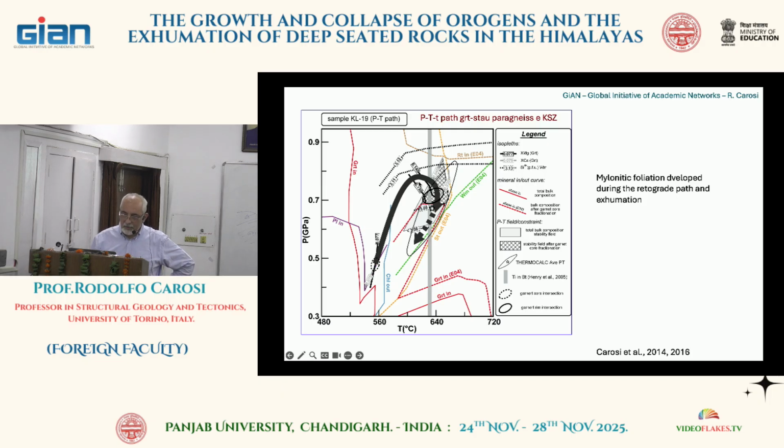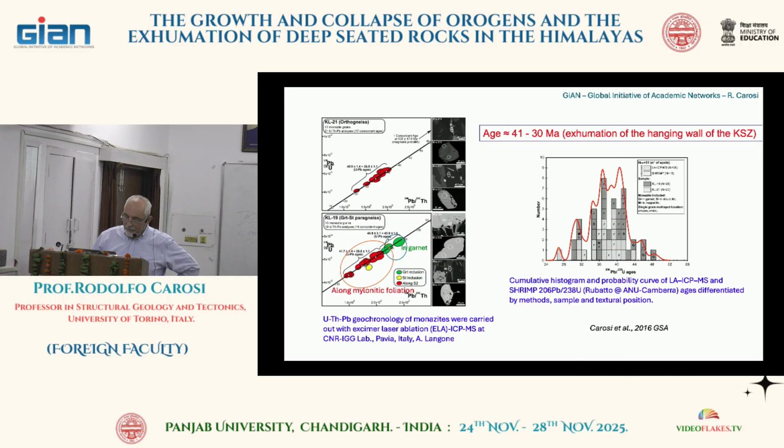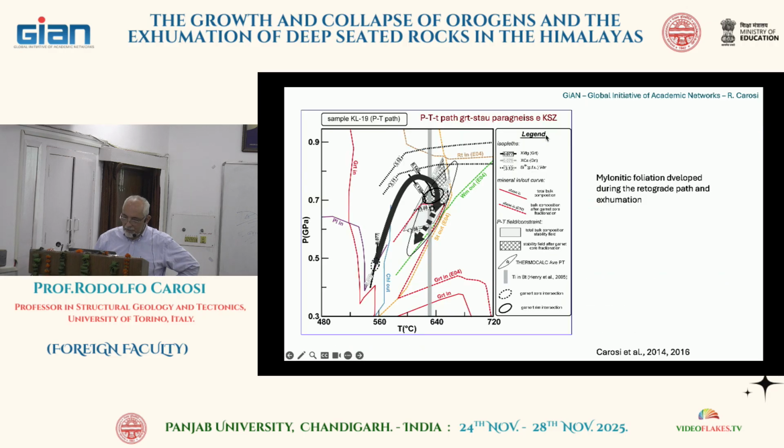So we are able to establish that this part of the path is related to exhumation, and this part developed during the D2 deformation, the formation of the shear zone. So this path has been constrained between 41 and 30 million years in this part. Okay.